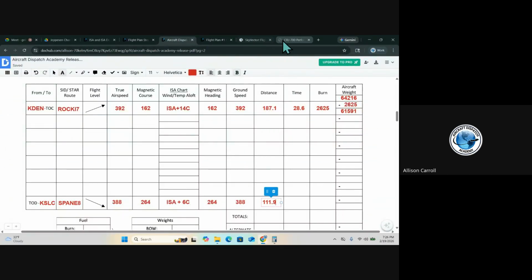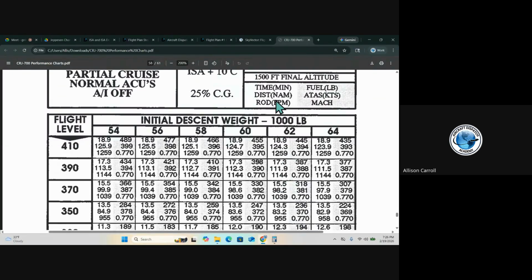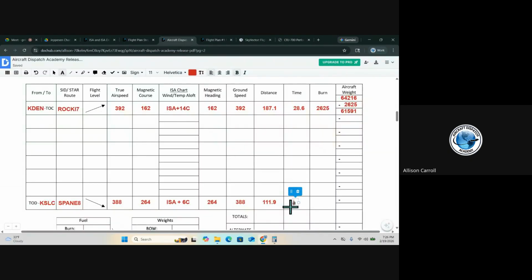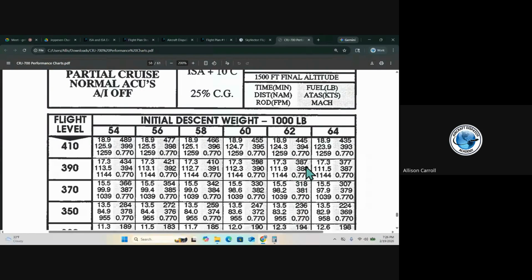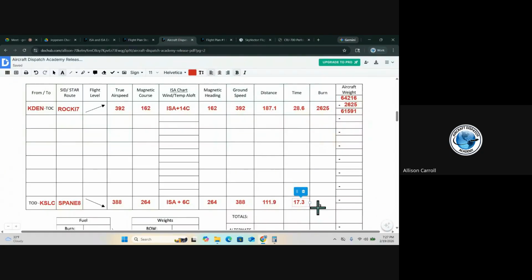Our time is 17.3. And our burn was that 387. So there is descent right there.